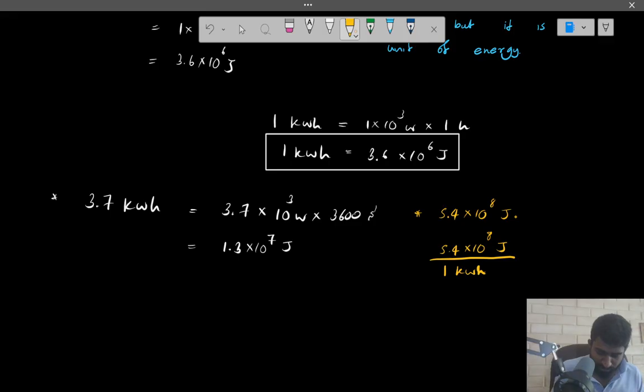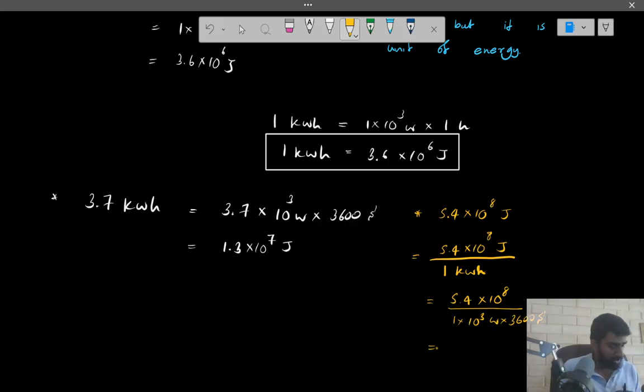So now you can simplify this one, right? 5.4 times 10 to the power 8 joules, right? Over, or you don't need to write joules if you do not like to write units, 1 times kilo is 10 to the power 3 watts, right? Times hour is 3600 seconds. Then you can get the value.